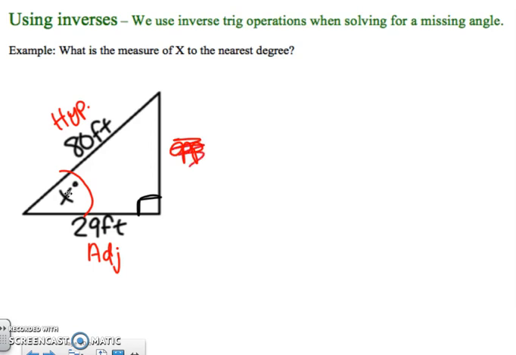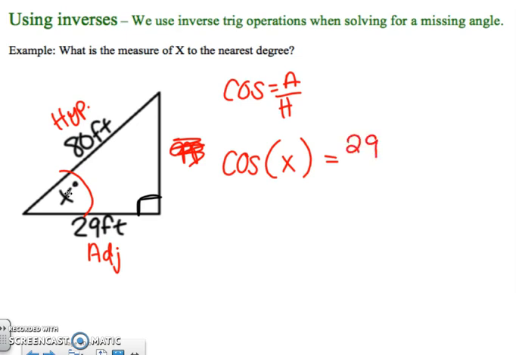I don't know anything about the opposite side. I know adjacent and hypotenuse. So which one deals with A and H? Cosine. Cosine is A over H. So, okay. So, when I'm looking for an angle, I now have to put it in my parentheses because I don't have it. Adjacent is going to be 29 over hypotenuse, which is 80.